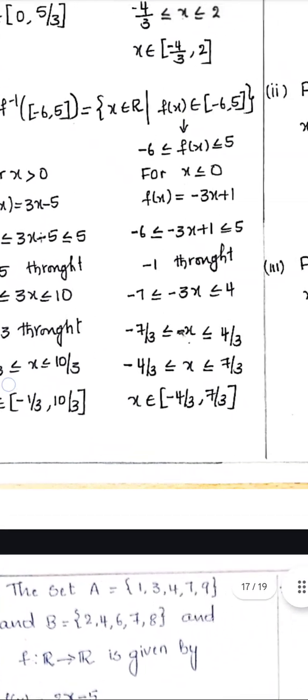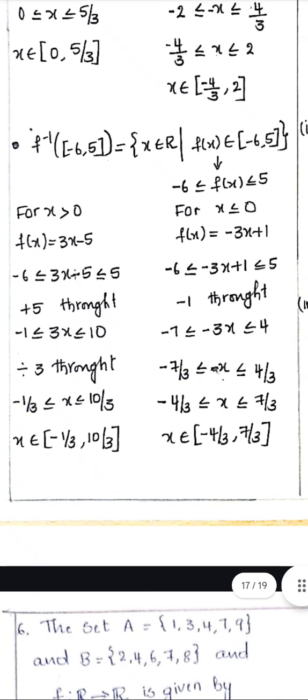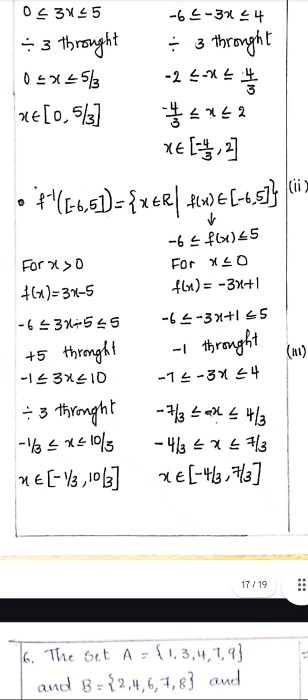In the same way we have to do for minus 6 comma 5. For x greater than 0, 3x minus 5. For this, minus 3x plus 1. That is f of x belongs to minus 6 comma 5, which implies that minus 6 less than or equal to 3x minus 5 less than or equal to 5.